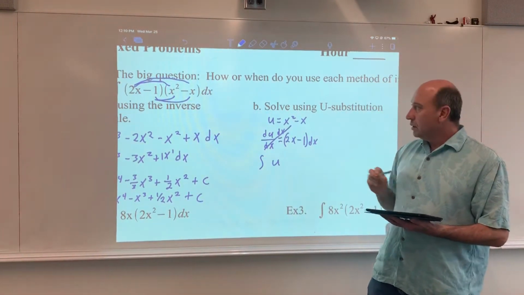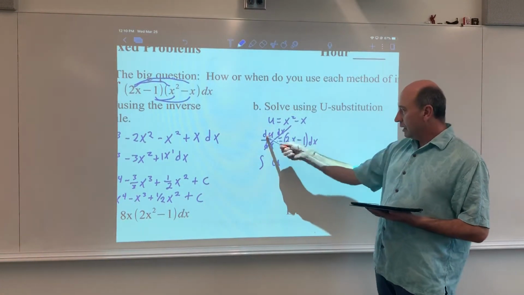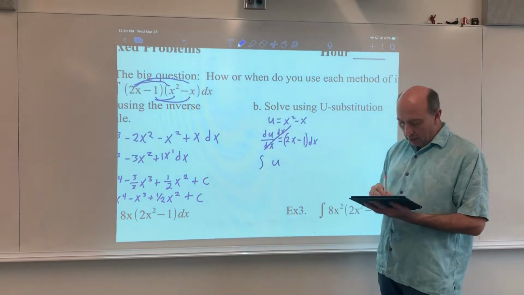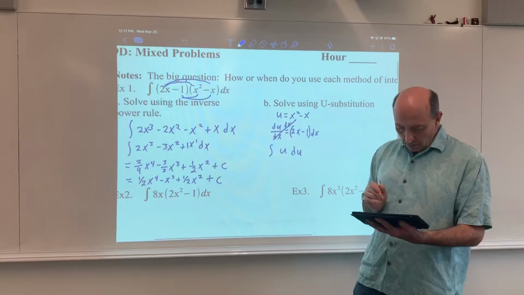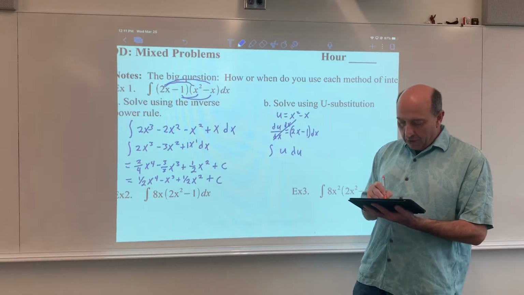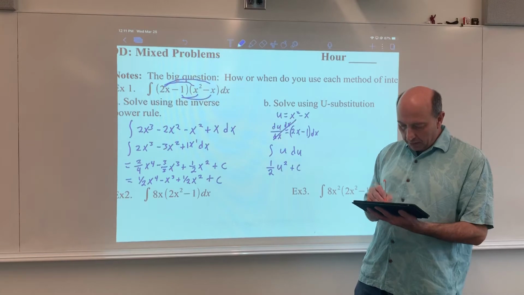Okay, now 2x minus 1 dx is du. So we have the antiderivative of u du. And the antiderivative of u is just 1/2 u squared plus c for good measure.